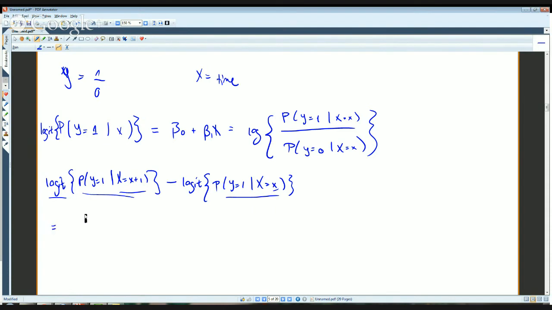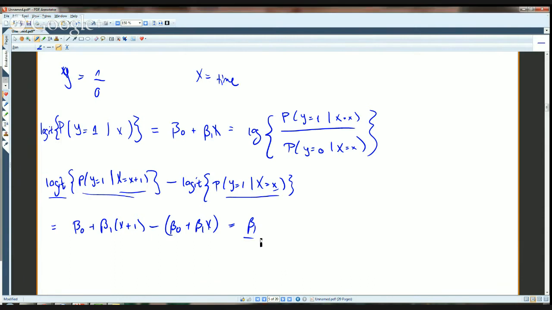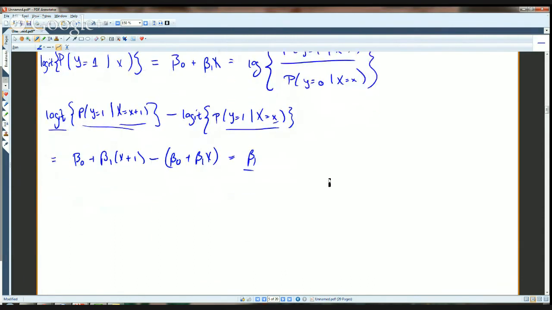So if you look at this equation up here, this is beta naught plus beta 1 times x plus 1 minus beta naught plus beta 1 times x, which works out to be beta 1. So what is beta 1? Beta 1 is the difference in the log odds for a 1 unit change in x.